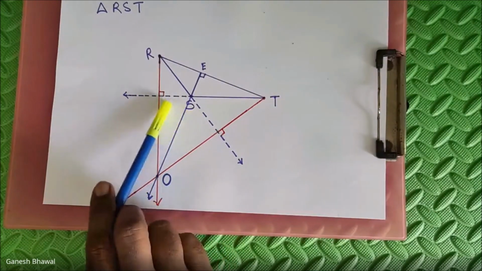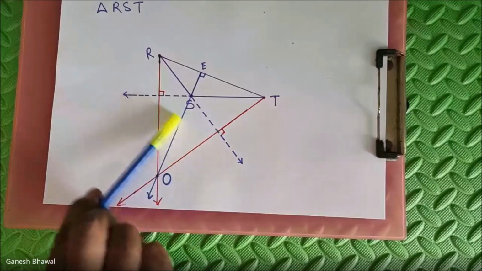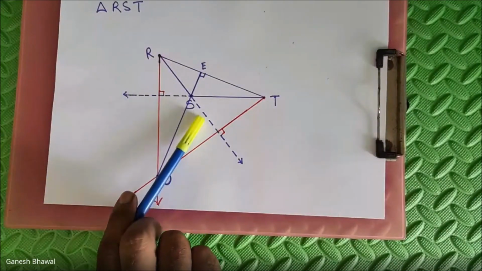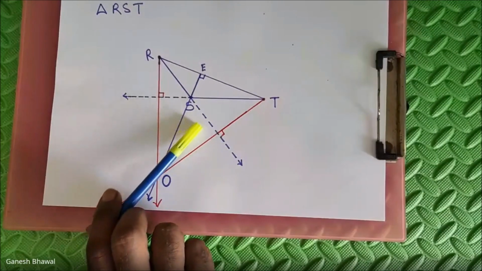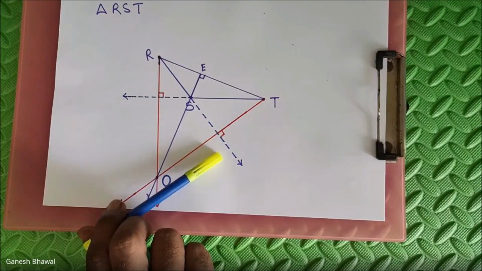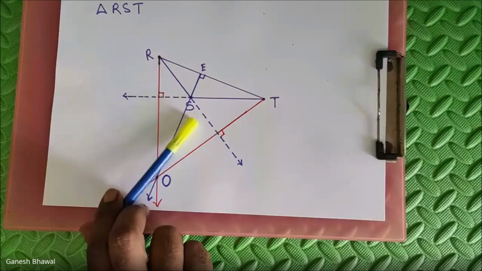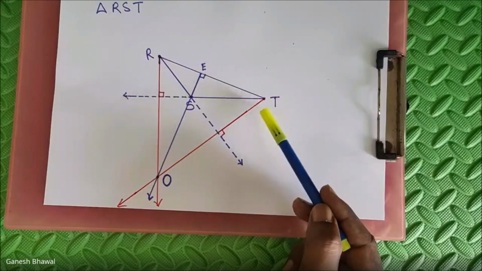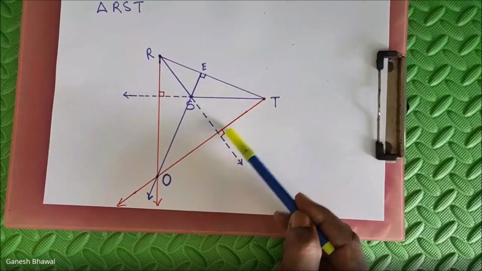Therefore, we have extended towards the right side, which is shown with this dash line. Once we extended side RS, we took a set square and drew the perpendicular.